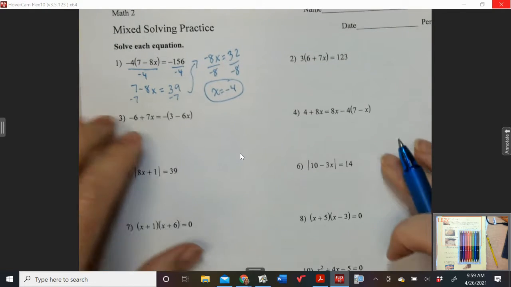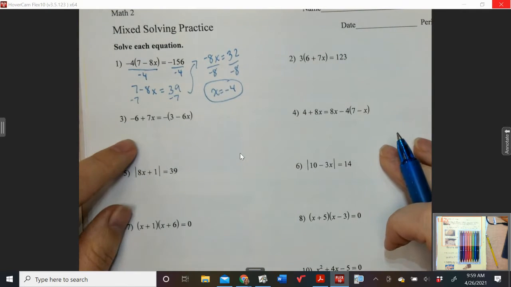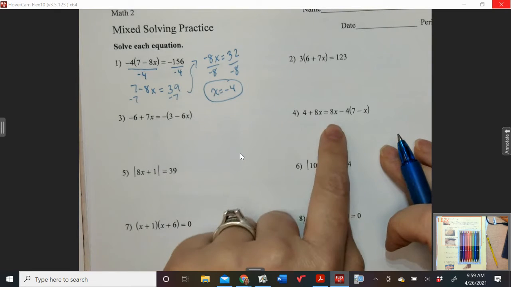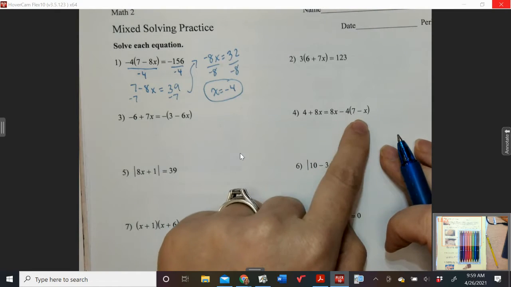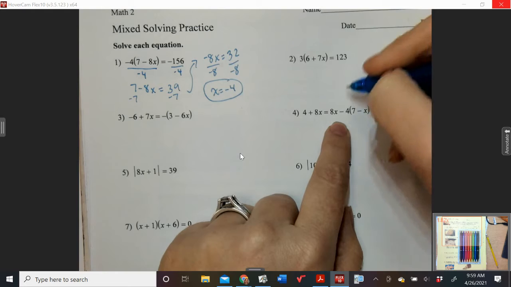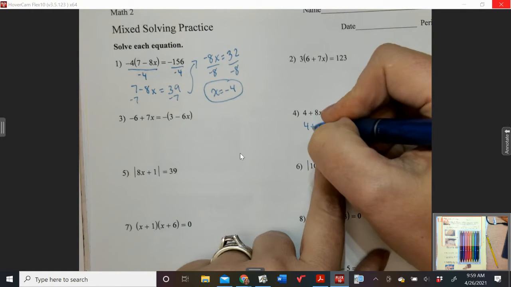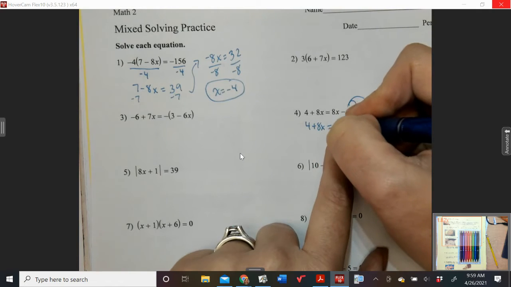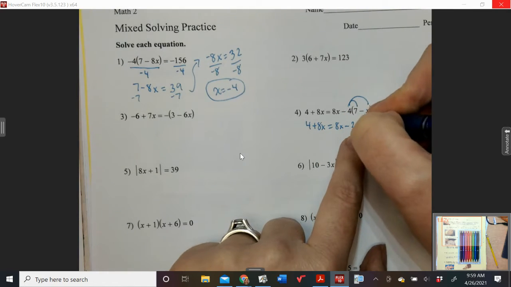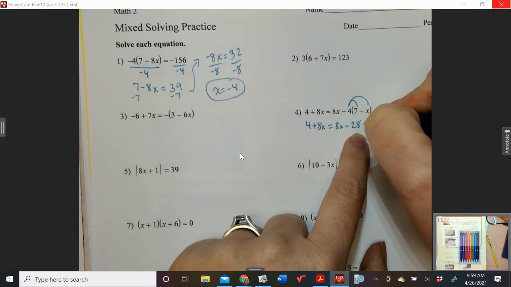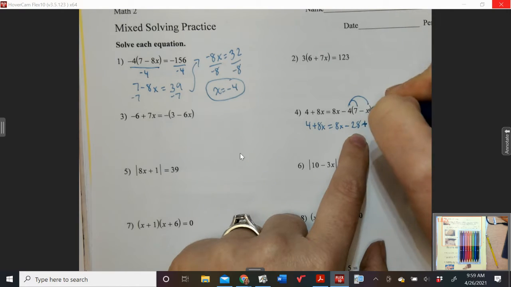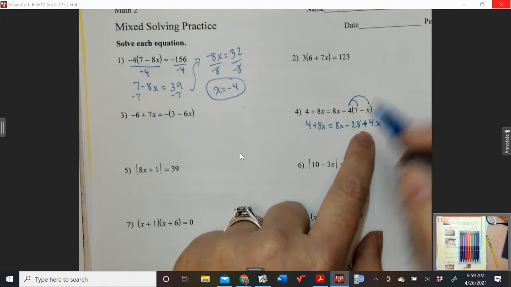All right. On 3 and 4, I'm actually going to do 4 because it seems a little harder than 3. Because I have something in front here, I cannot just divide by negative 4. So I must start by distributing on this one. So 4 plus 8x equals 8x minus 28 plus 4x, because negative 4 times negative x is positive.